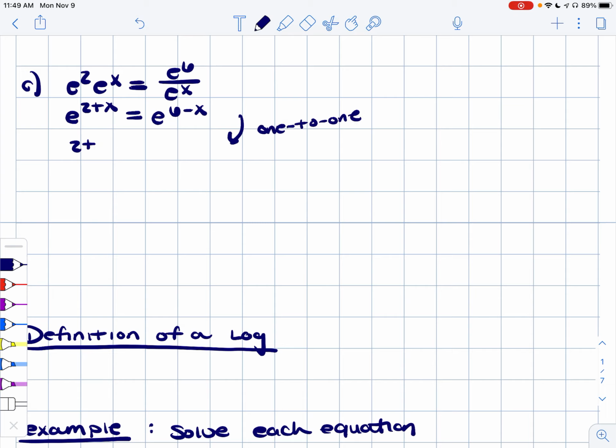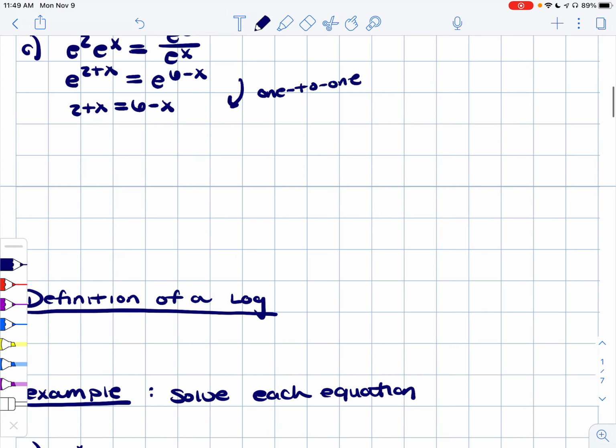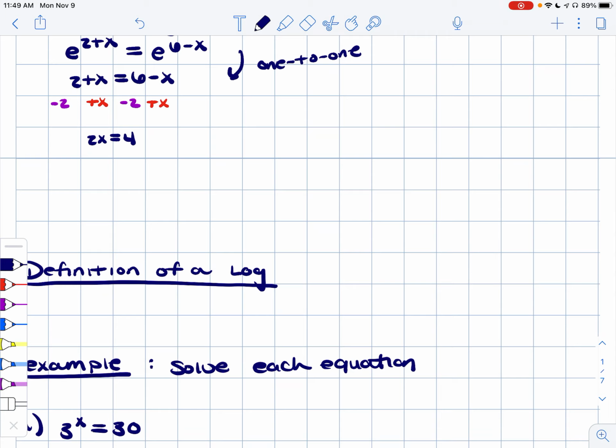So that would give us 2 plus x is equal to 6 minus x. All right, solve for x. So I'm going to add an x to both sides, subtract a 2 from both sides, which gives us 2x is equal to 4, and then dividing by 2 gives us x is equal to 2.